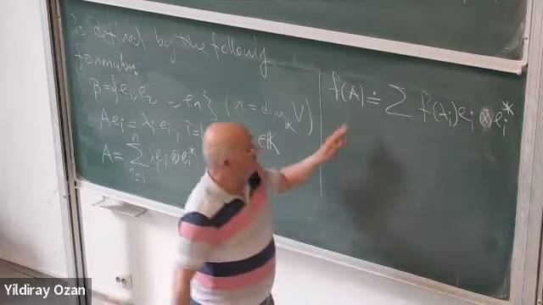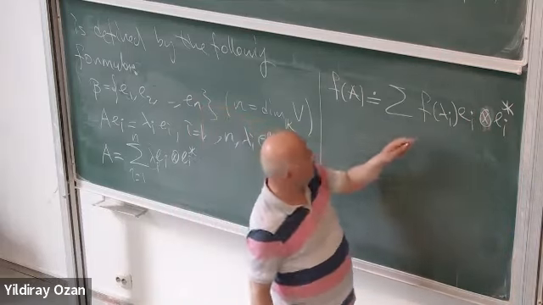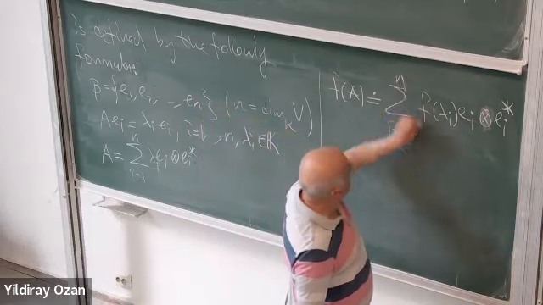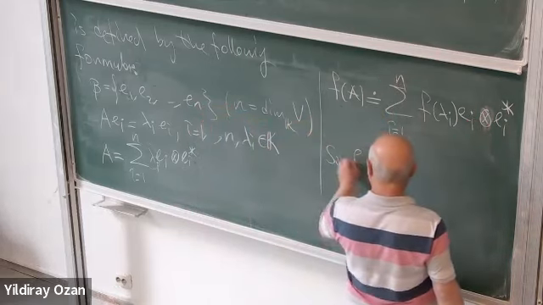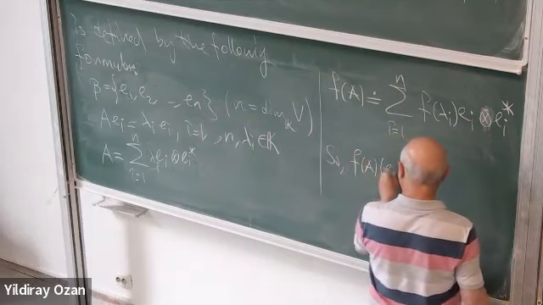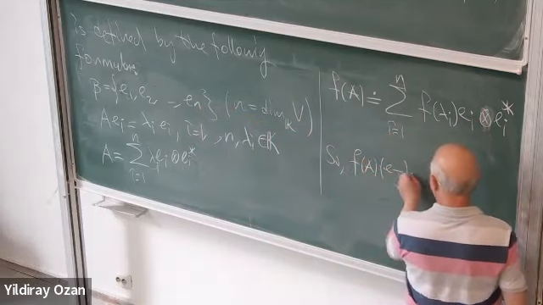So f of A is also a linear operator, right? It's a linear operator. It maps, so f of A of e_j is what?